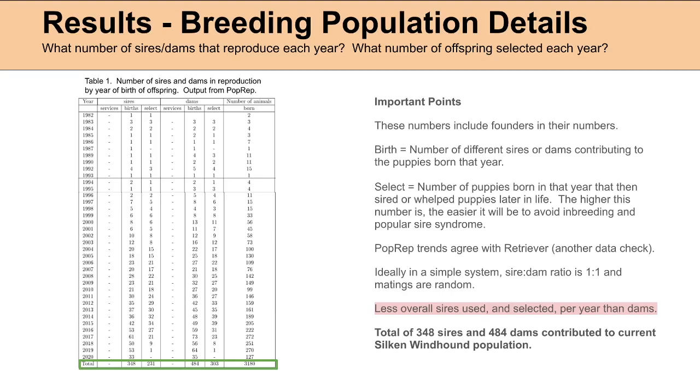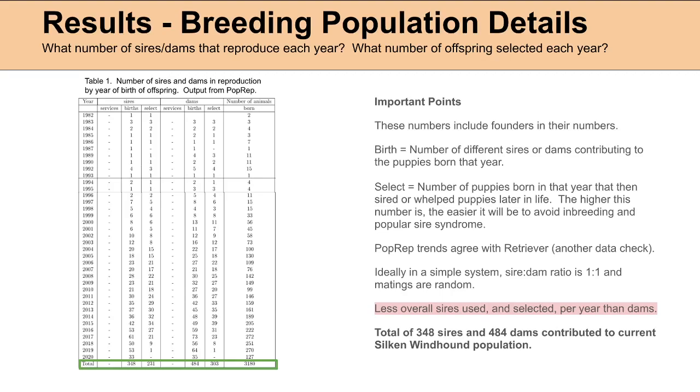And select means it's the number of puppies born in that year that then sired or whelped puppies later in life. The higher this number is, the easier it will be to avoid inbreeding and popular sire syndrome. So what this tells us is that PopRep trends agree with Retriever, which again is another data check for us.